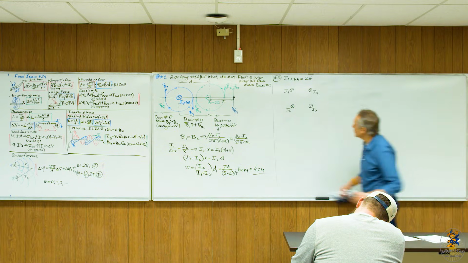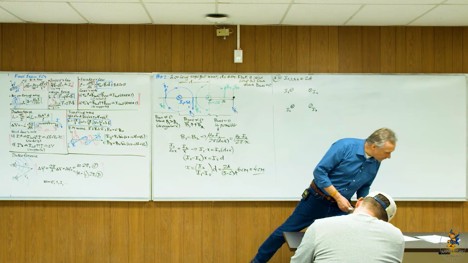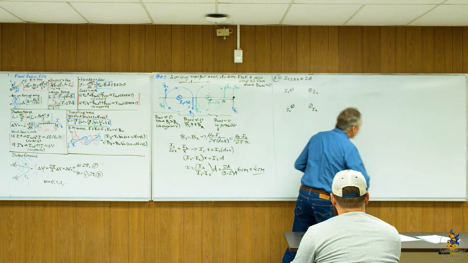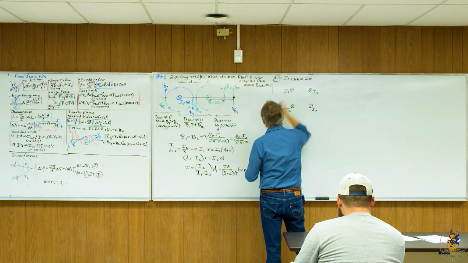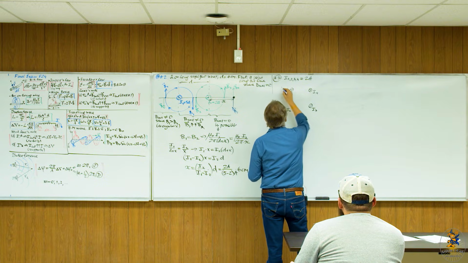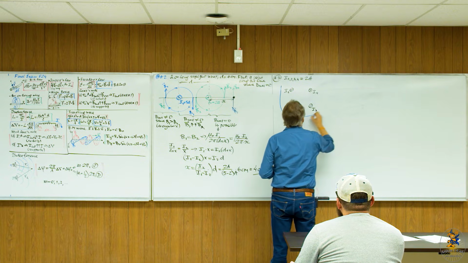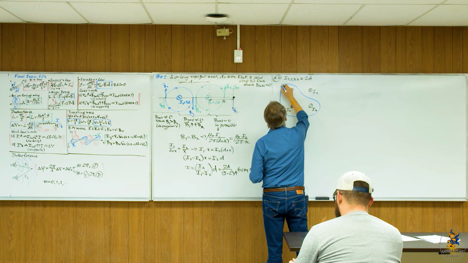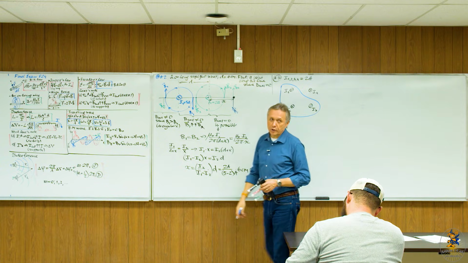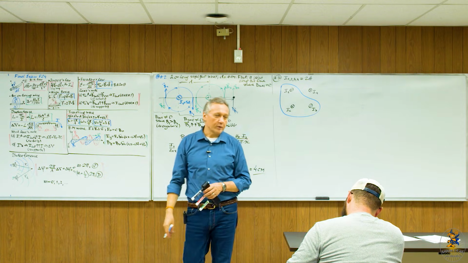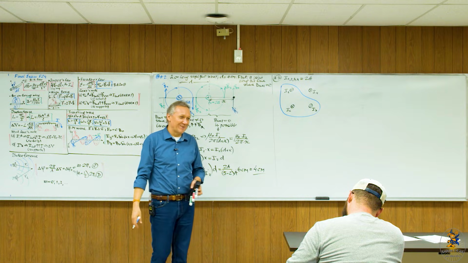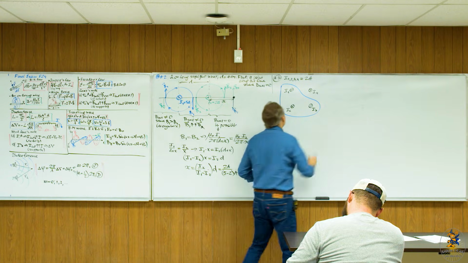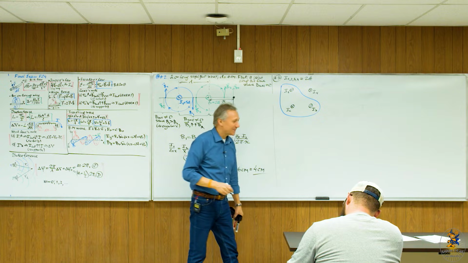Okay, so let's assume that somebody picks an Amperian loop of this shape. No, let me use blue. This shape. And again, it can be any loop as long as it is closed. Actually, the loop is closed by definition. So any loop, closed curve.